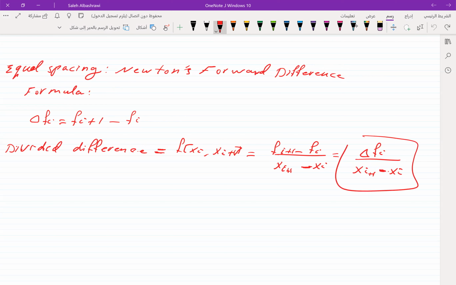This is the divided difference. It is the difference operator divided by the difference between the values x_{i+1} and x_i.